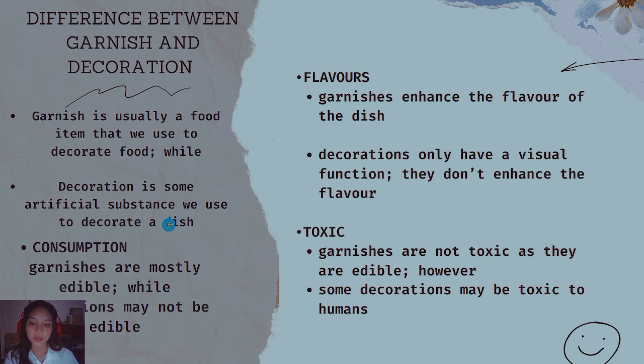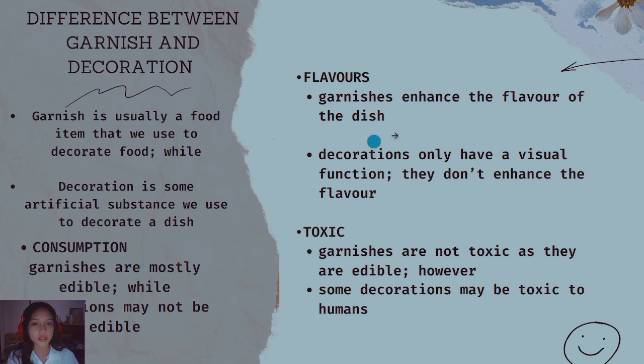Okay, so the differences between garnish and decoration. Garnish is usually a food item that we use to decorate a food, while decoration is some artificial substance we use to decorate a dish. In consumption, garnishes are mostly edible, while decorations may not be edible.